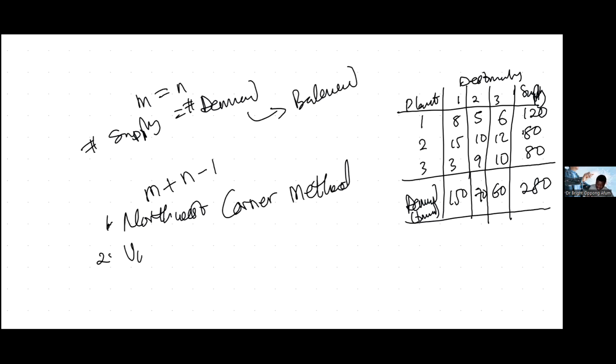And the more technical way of determining it is the VAM, what we call Vogel's approximation method. So we'll look at these two in finding the initial solution in the transportation tableau.